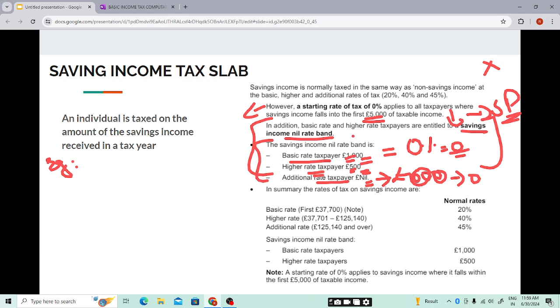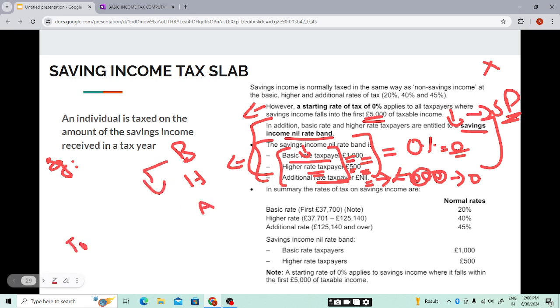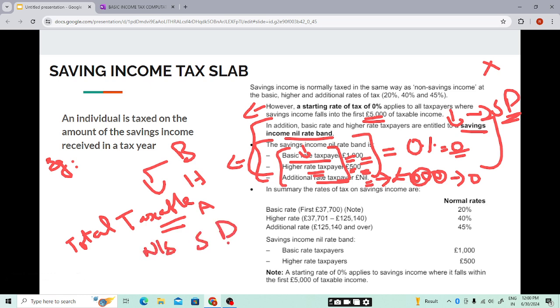Keep in mind, the saving income nil rate band depends upon the type of taxpayer he is. How will we determine what kind of taxpayer he is? Remember, in chapter 1 and chapter 2, we had discussed that for determining whether he is a basic rate, higher rate or additional rate taxpayer, you will be seeing the total taxable income. Total taxable income includes non-saving, saving and dividend income.